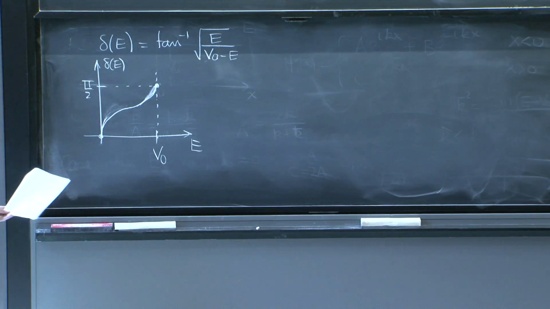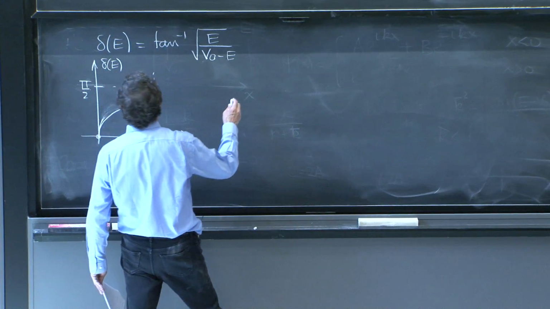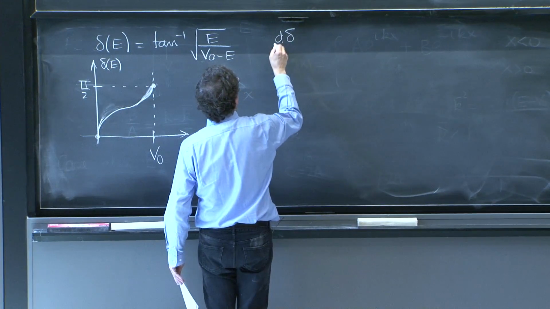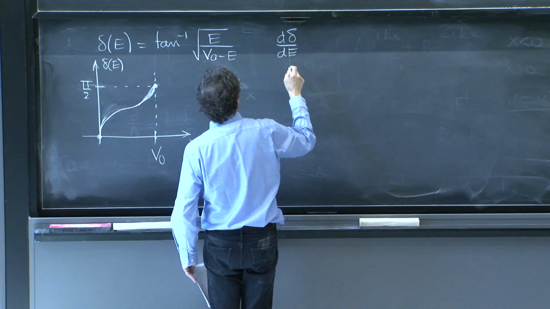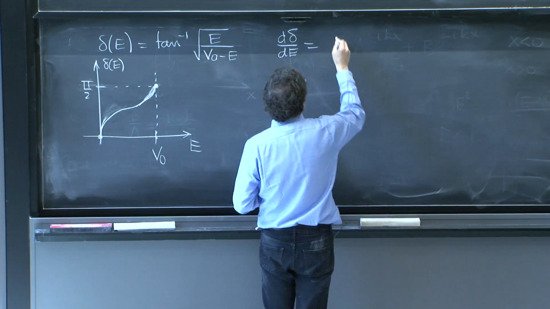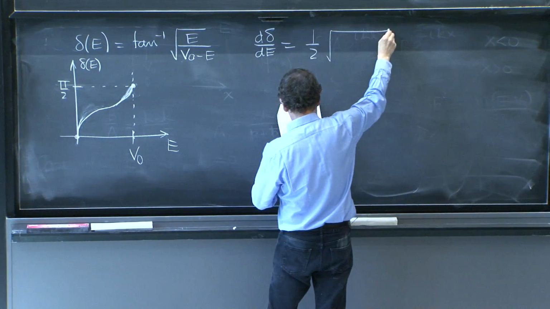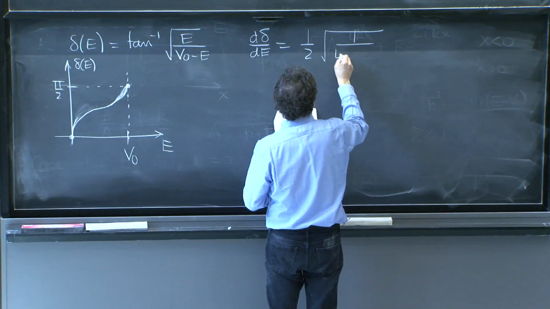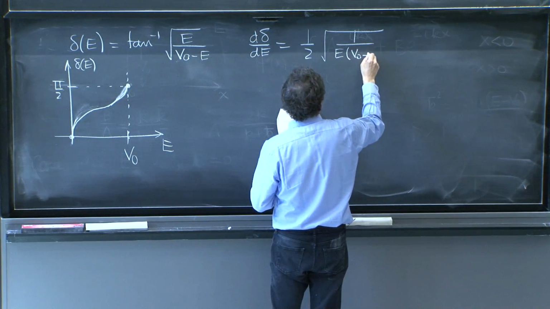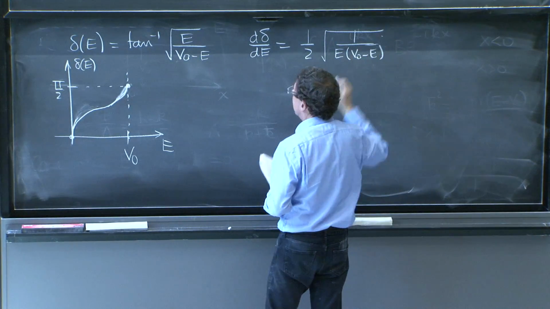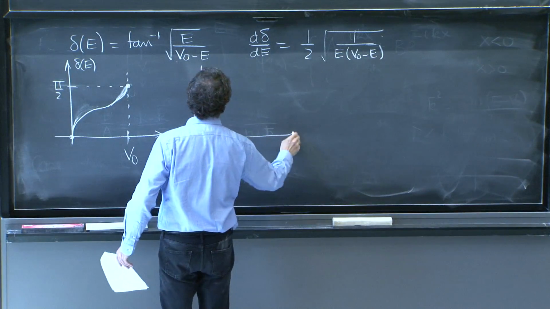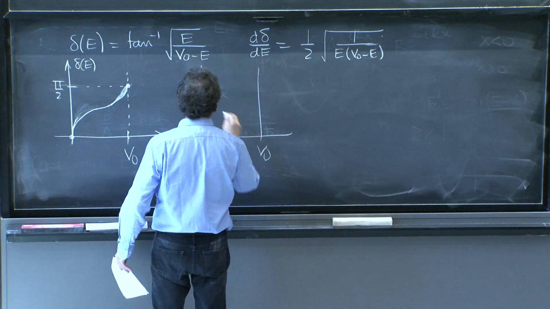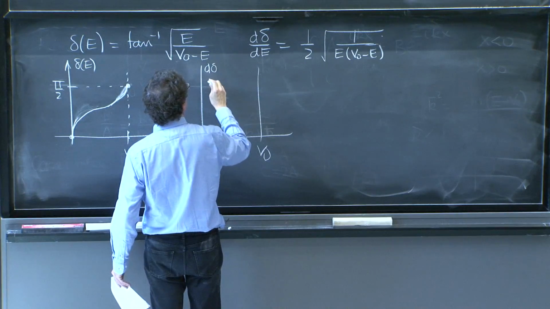In fact, it's kind of interesting to plot the derivative d delta dE. A little calculation will give you this expression, or you could do this with Mathematica, with V naught minus E, and it shows that here is V naught and here is d delta dE.